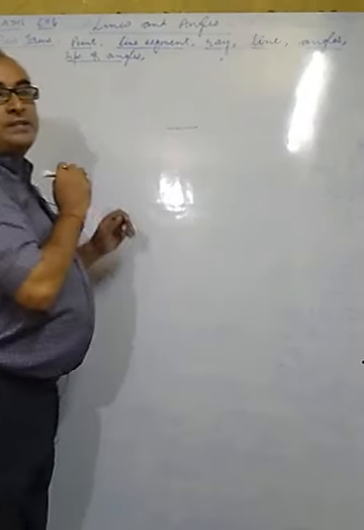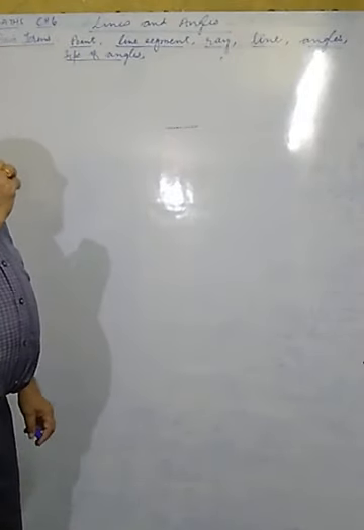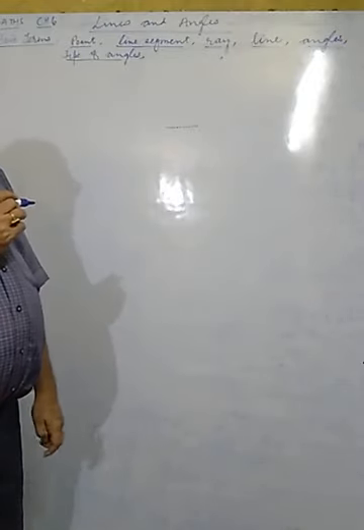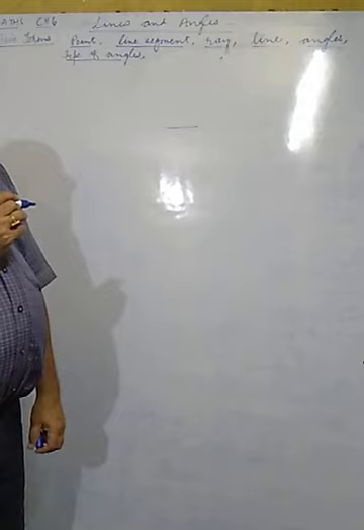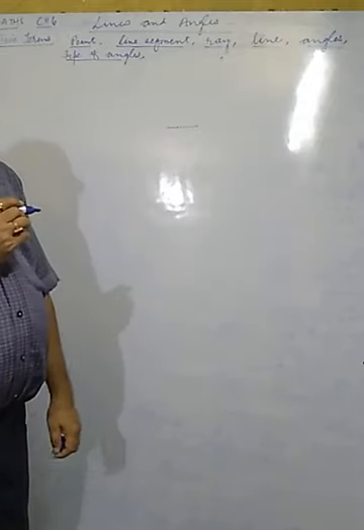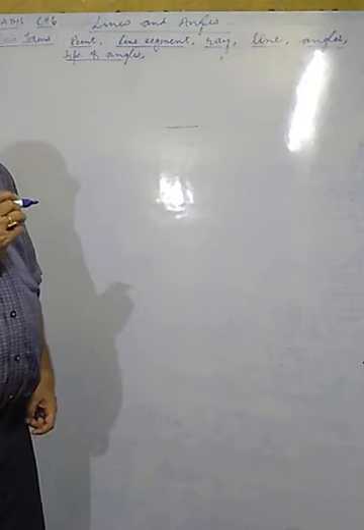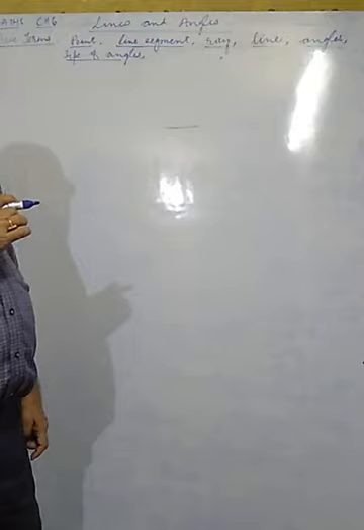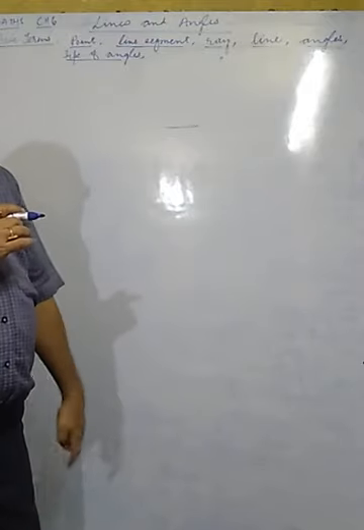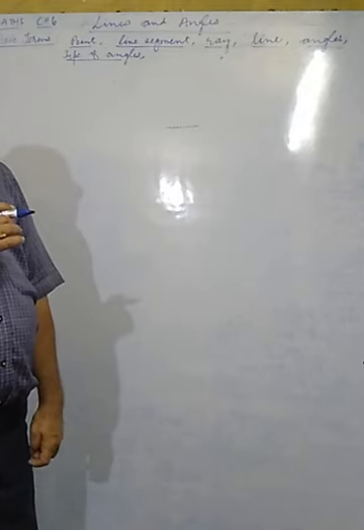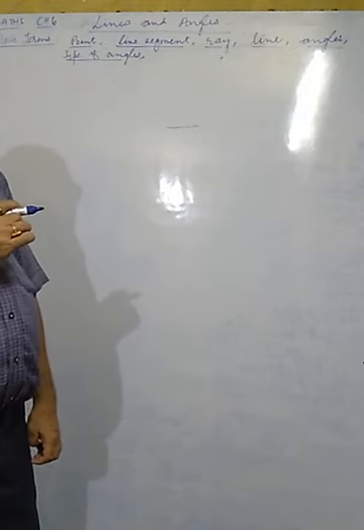Some limited points are there. So this path of limited points will be called what? Line segment. This is the path of limited, counted points. So this path is known as a line segment.